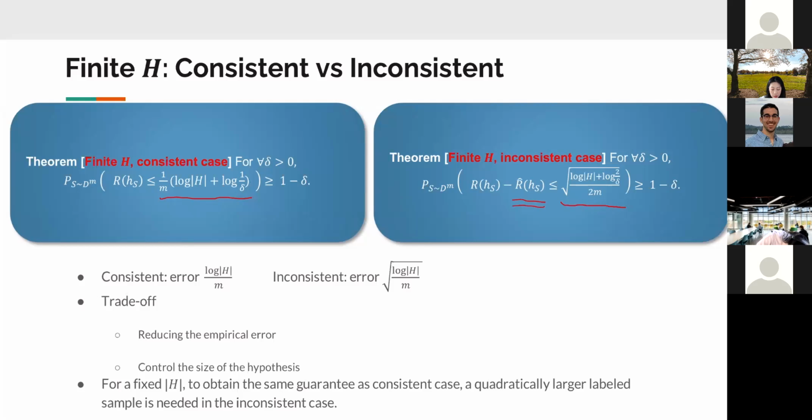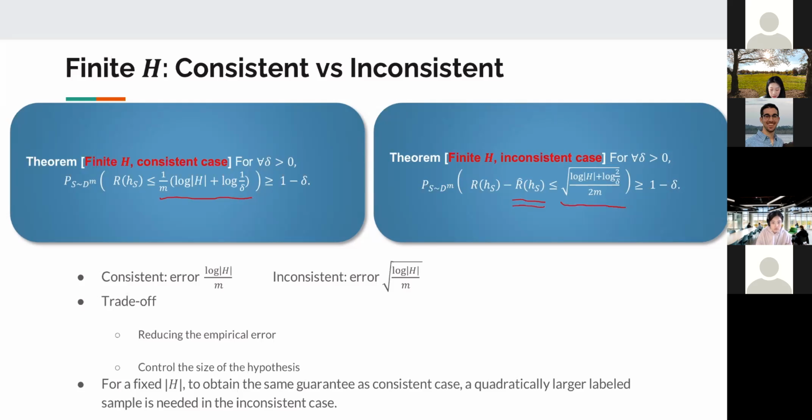Then second is the comparison of these two terms. In the consistent scenario, what is the error? The error is essentially the logarithm of the cardinality of H over m, in that order. Whereas in the inconsistent case it is the square root of that, the square root of the logarithm of H divided by m. All right, so what does this say?